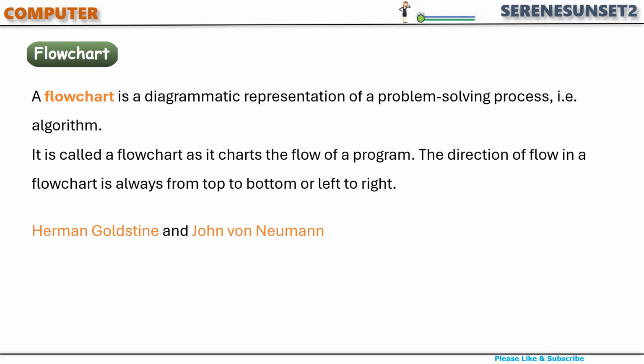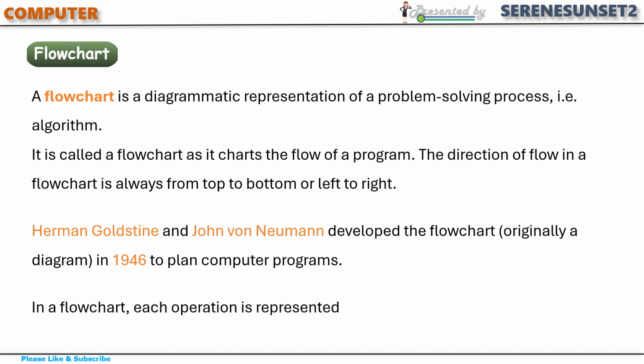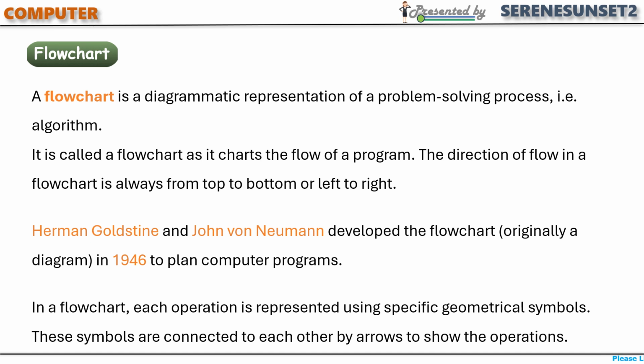Herman Goldstine and John von Neumann developed the flowchart, originally a diagram, in 1946 to plan computer programs. In a flowchart, each operation is represented using specific geometrical symbols. The symbols are connected to each other by arrows to show the operation.